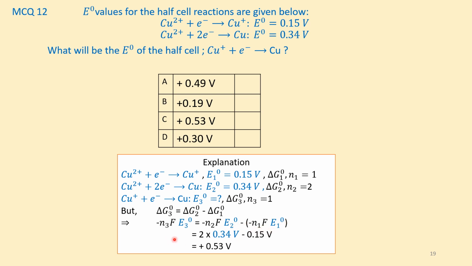So that is equal to 2 times 0.34 volts minus 0.15 volts, which is equal to plus 0.53 volt. This answer is given as C. Please mark it.